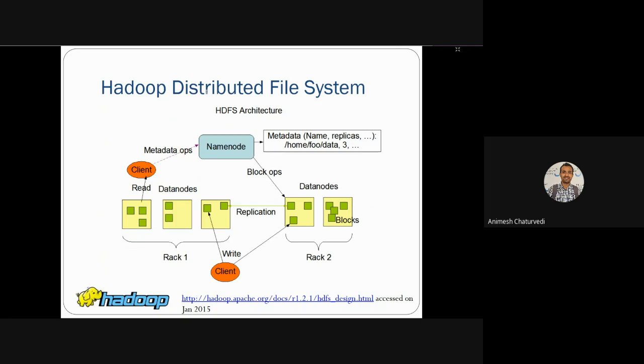Why do you do this? Because suppose some incident happens and the data of Bangalore is lost. You have the same data replicated at Hyderabad, so you can copy the content from Hyderabad back to Bangalore when the Bangalore server comes up.